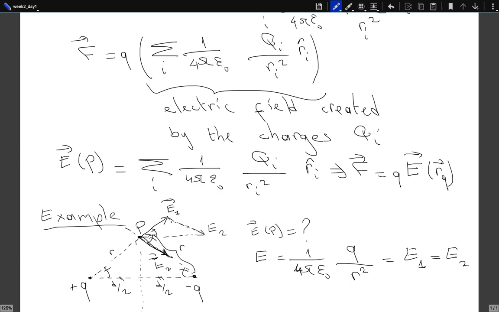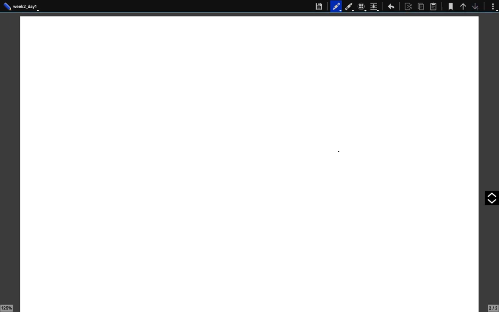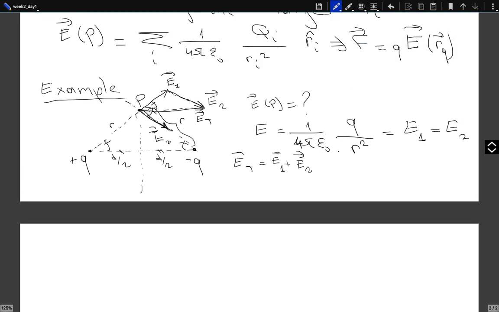This is E2 vector. So it will be just lying on this line. This is the total electric field. So the total electric field will be horizontal.